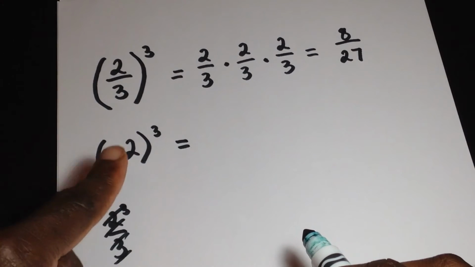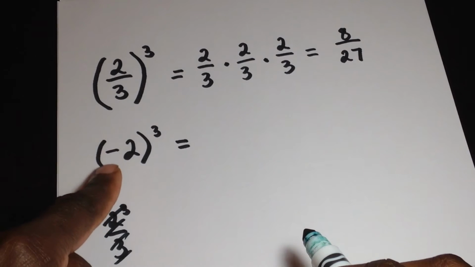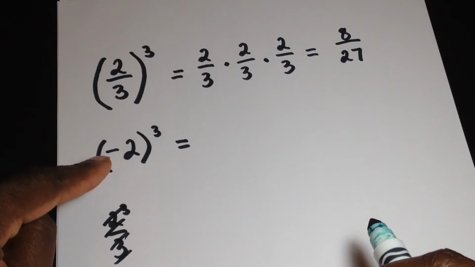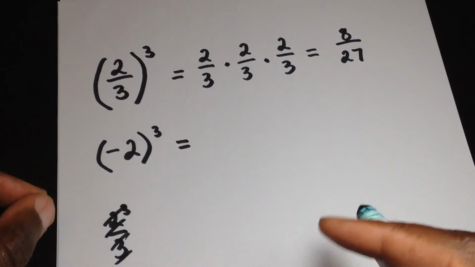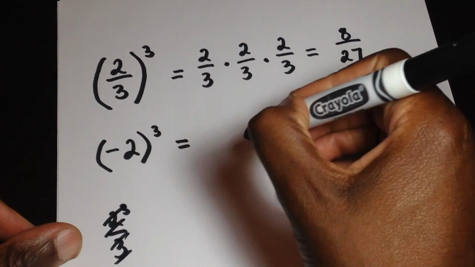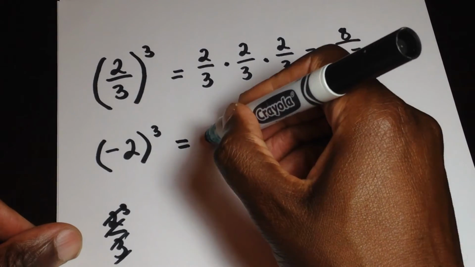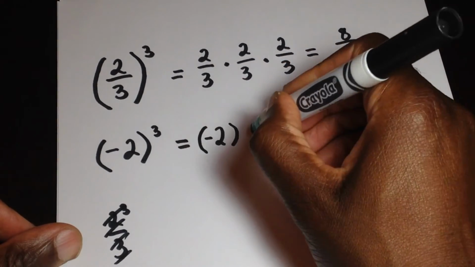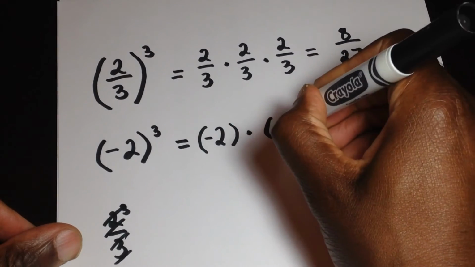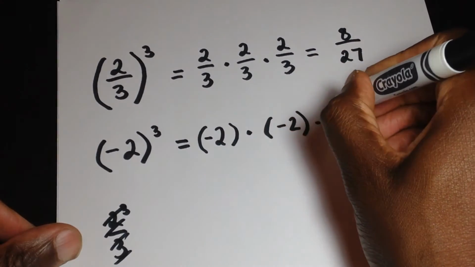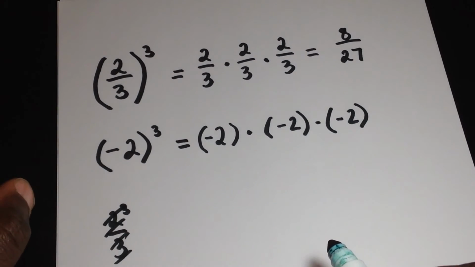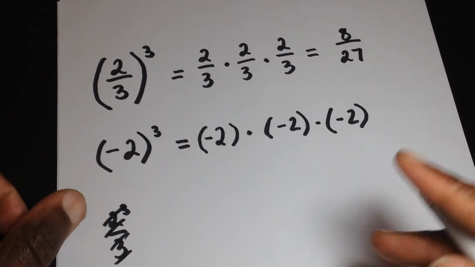What that means is my base is negative 2. The parentheses show that everything inside is the base. So I'm going to write negative 2 in parentheses times negative 2 times negative 2. That would be the expanded form.